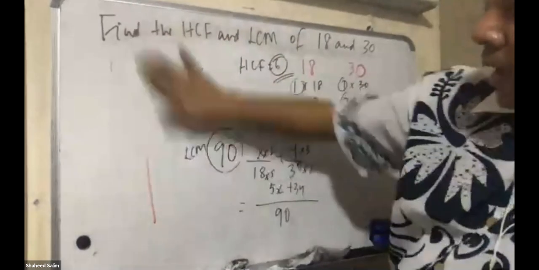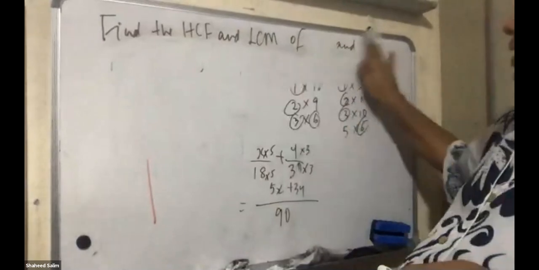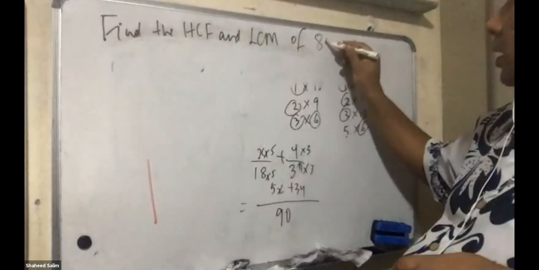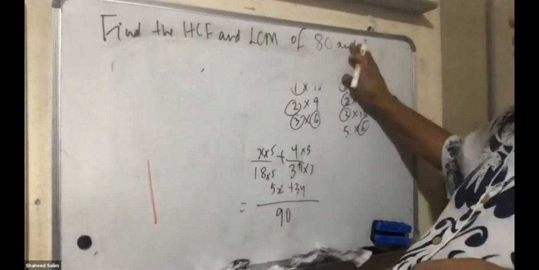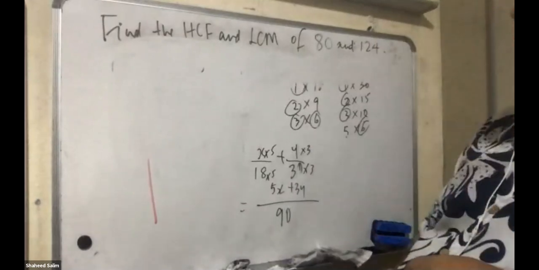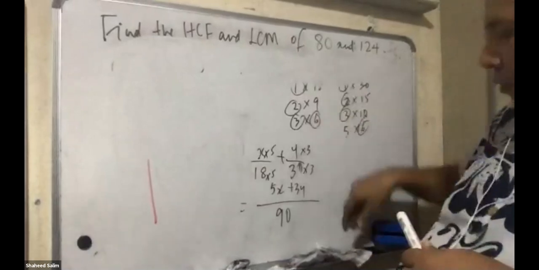Okay, now I give you two numbers. Let's say now, bigger numbers, challenging lah. 80 and 124. Find the HCF and LCM of 80 and 124. Can you find?